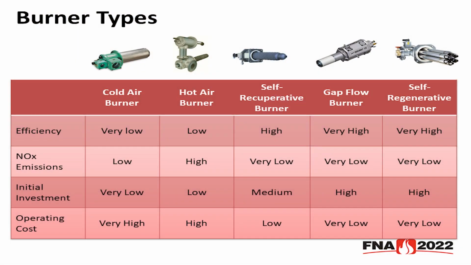Next, we have a special type of self-recuperative burner known as gap flow. So instead of having one large heat exchanger, which you do have out in front in this case, you also have many tiny tubes in the back end, which serve as a secondary heat exchanger.